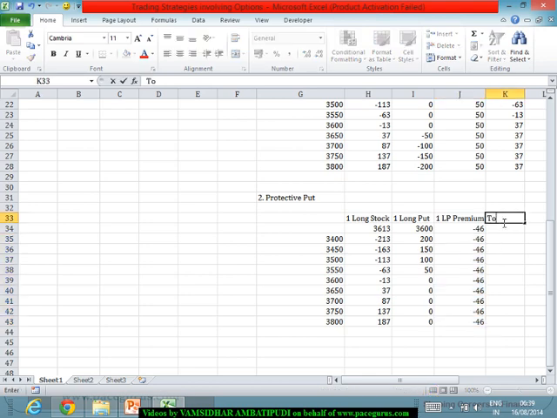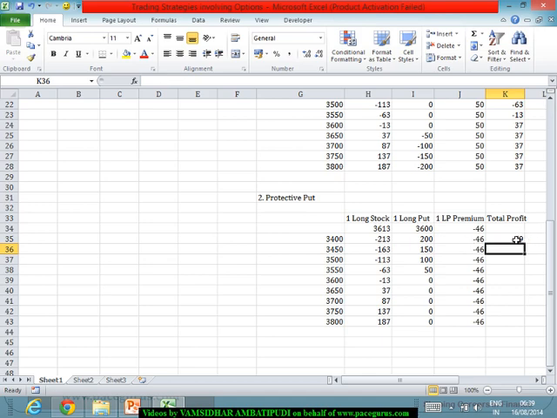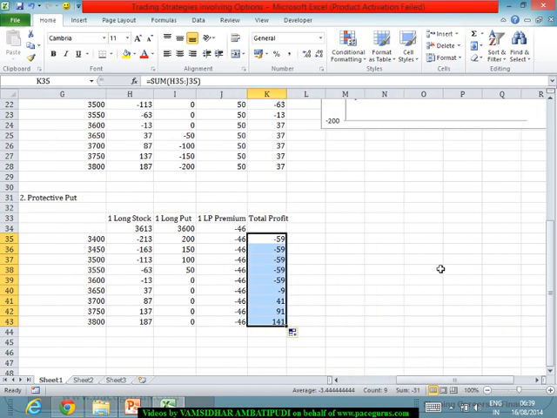If I compute the total profit depending on the stock price on that particular day, what we observe is that in the first case the profit is going to be minus 59, and slowly it moves towards positive. As the stock price increases, the profit comes up.